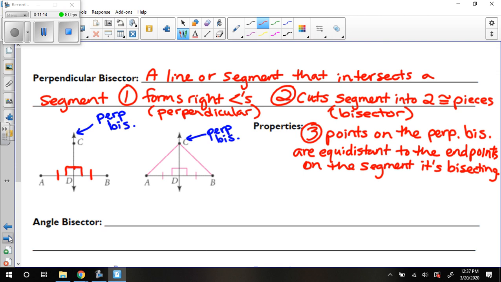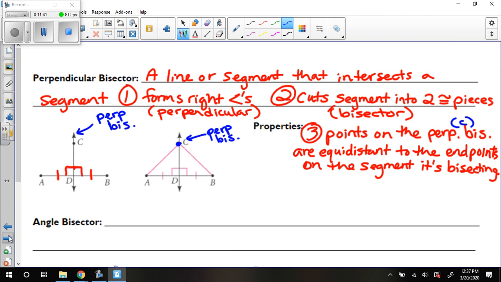So, the point on the perpendicular bisector is going to be point C here. Okay, so the point on the perpendicular bisector in my little description is point C. It says that point is going to be equidistant, which means an equal distance, to the endpoints on the segment it's bisecting.